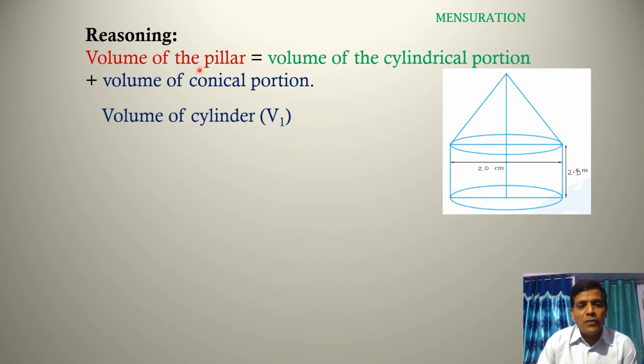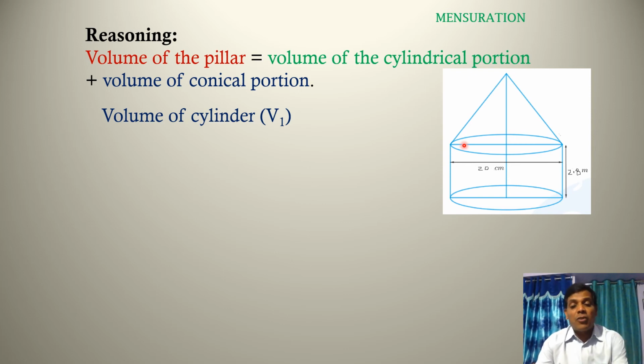Reasoning: volume of the pillar equals, so how to find the volume of the pillar? Volume of the cylindrical portion plus volume of the conical portion. Do you know the formula for the volume of a cylinder?